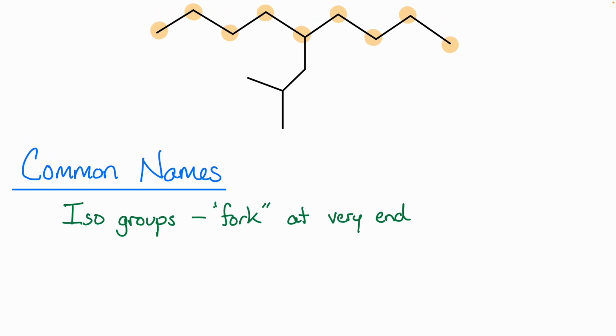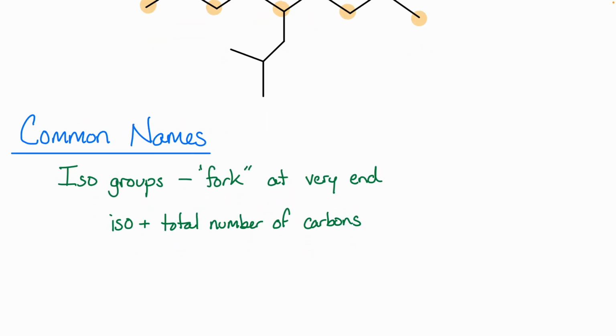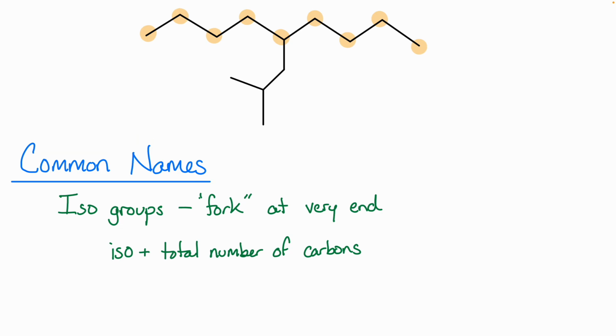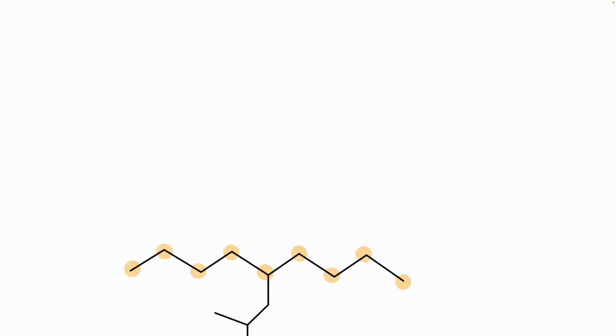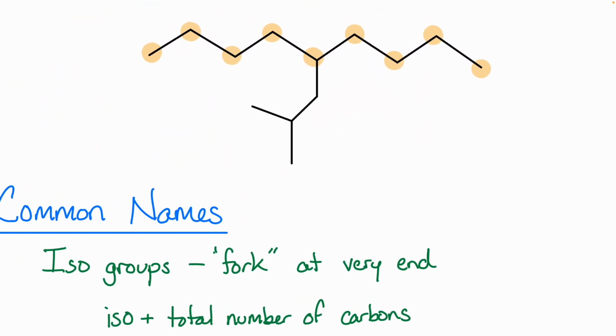How you name these iso groups is the word iso followed by the total number of carbons. What do I mean by that?